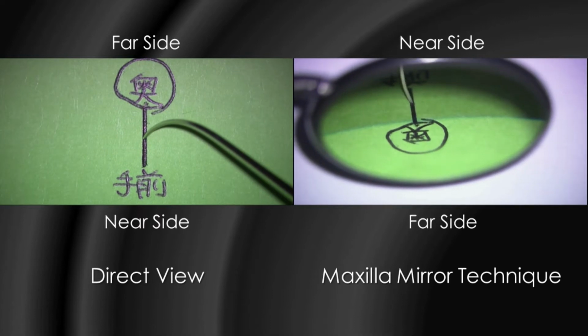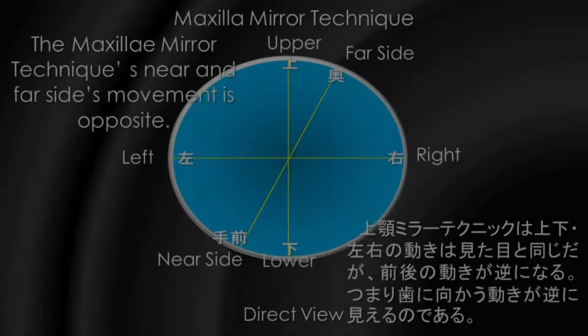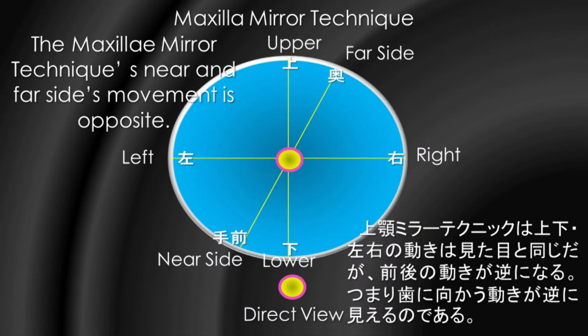This is a maxillary mirror technique. Near side, far side is opposite. In the maxillary mirror technique, left, right, upper, lower side is the same. But the maxillary mirror technique's near and far side movement is opposite.